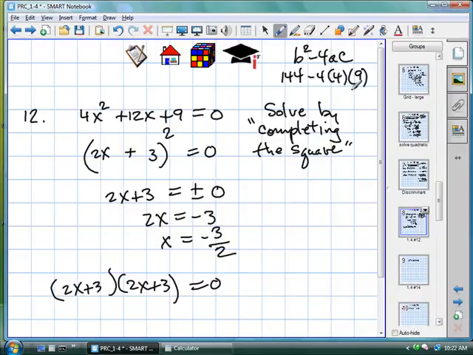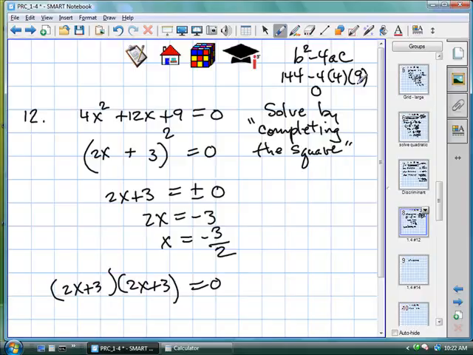Okay, what happens? The 9 times 4 is 36, and 36 times 4 is 144, and 144 minus 144 is 0. Oh yeah, if the discriminant turns out to be 0, there will only be one answer. Hey, that checks. That makes sense. Okay.